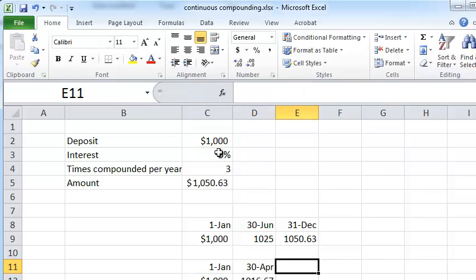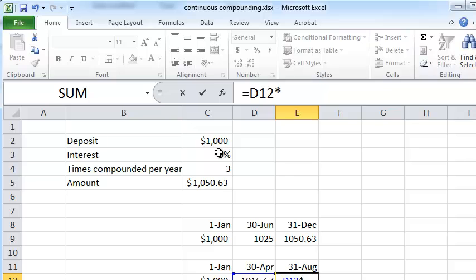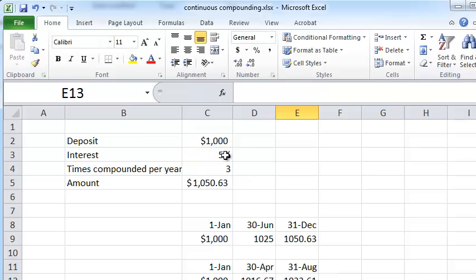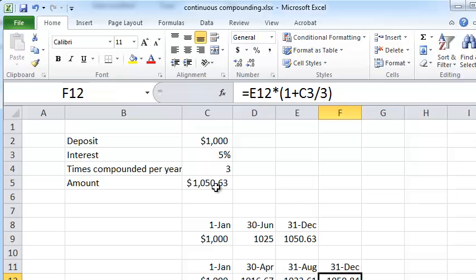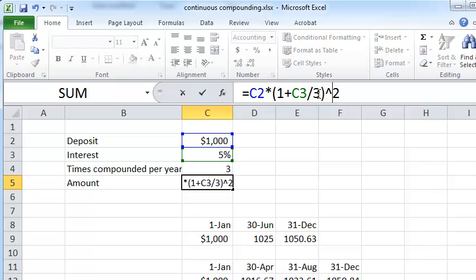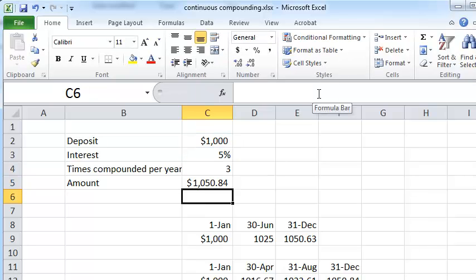On 31st August it will be this amount times 1 plus interest rate by 3, and then you have 31st December, same procedure, 1 plus interest rate divided by 3. So you have a slightly different figure now, $1,050.84. And if you change this formula here, you'll see that it becomes $1,050.84.